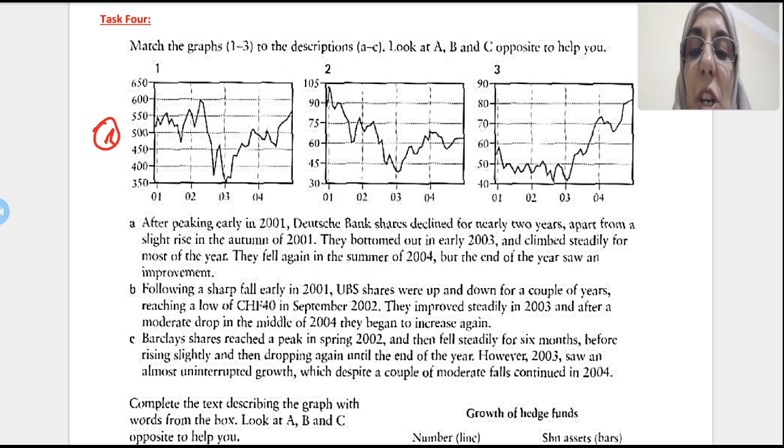So the first expression: after peaking early in 2001, Dutch bank shares declined for nearly 2 years. Which graph is most fitting for this description? It's graph number 2.